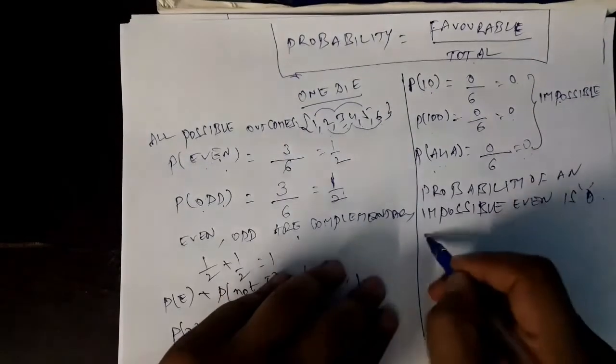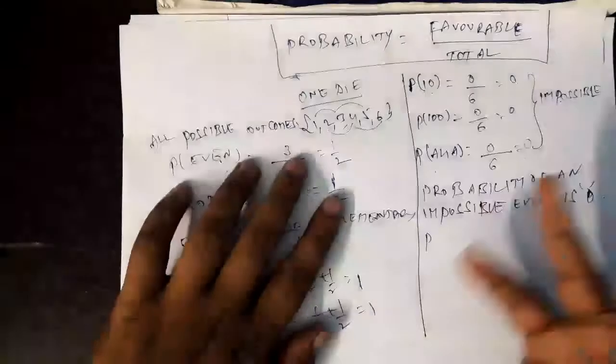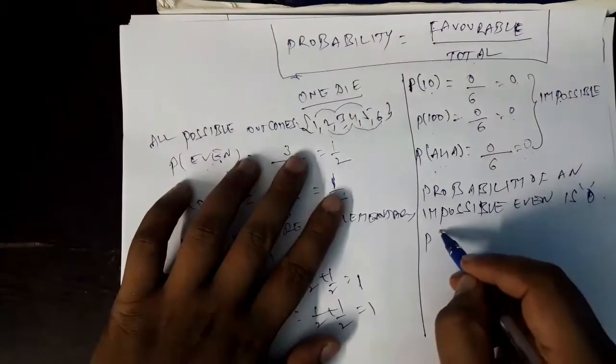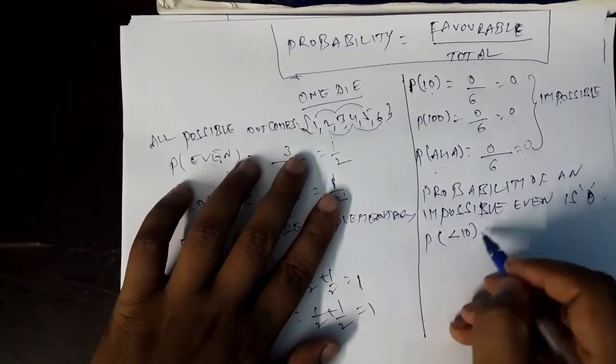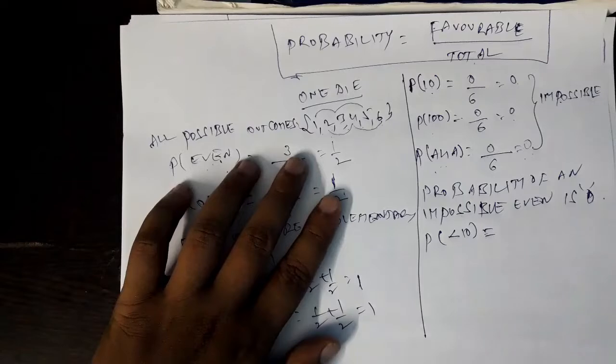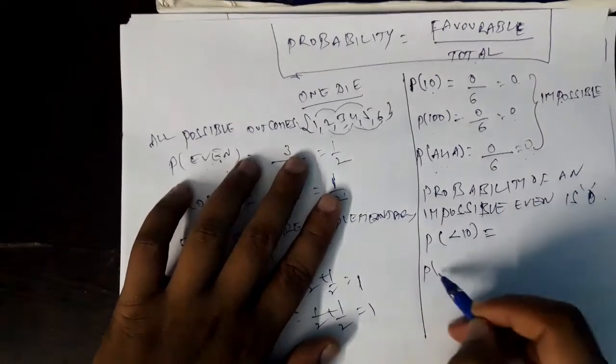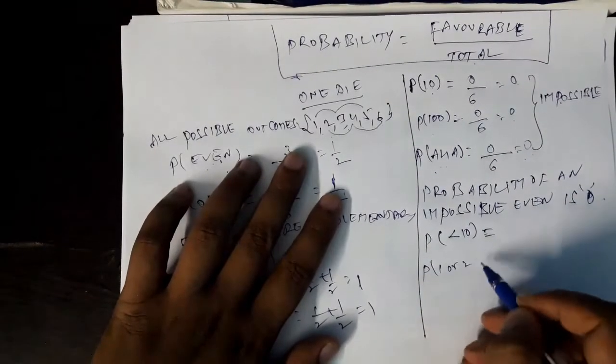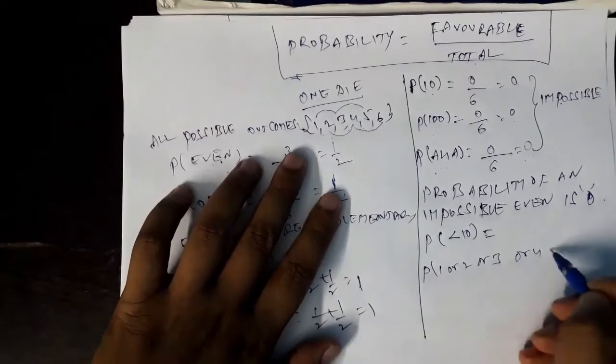Now coming to this, tell me what is the probability in the same example. What is the probability of getting a number which is less than 10? What is the probability of getting a number 1 or 2 or 3 or 4 or 5 or 6?